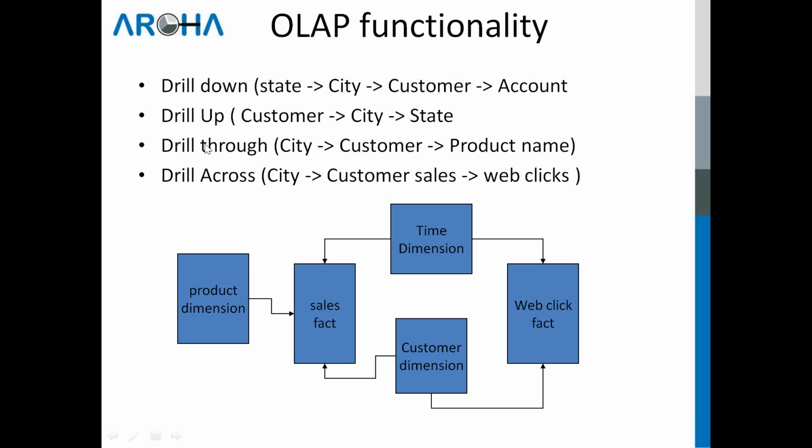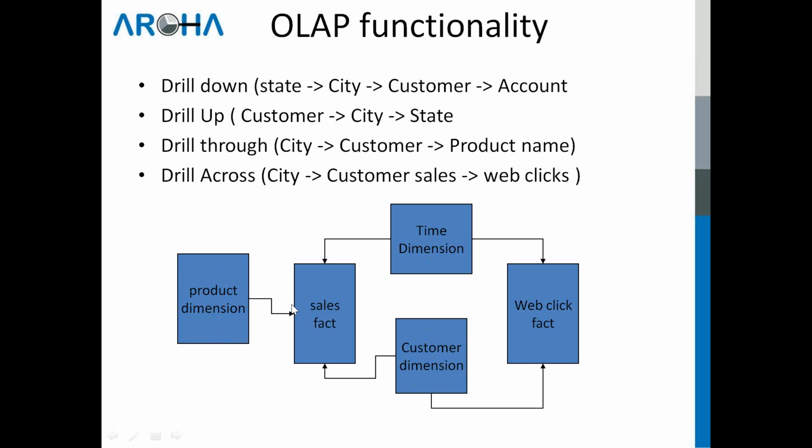Drill through is I want to find out all the people who are from New York, what kind of product they are buying. So now you take all the customers where city equal to New York. So you got all of your customers. Now go through the dimension and see what are all the products these customers are buying.